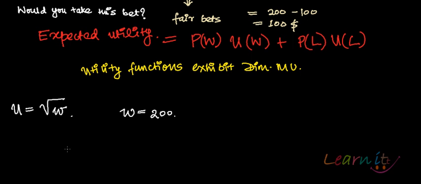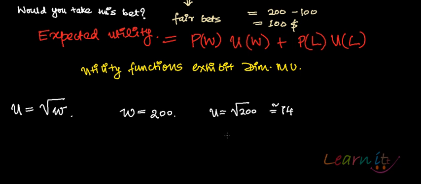So your utility would be u is equal to root of 200, which is approximately 14.